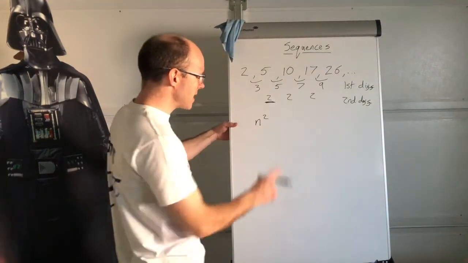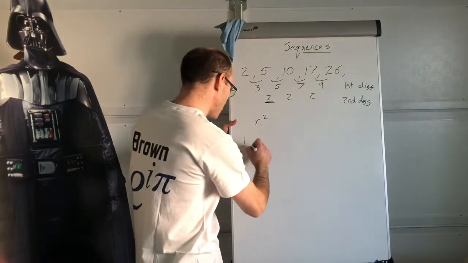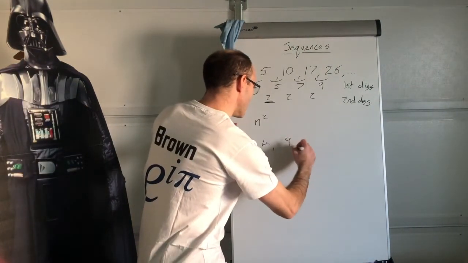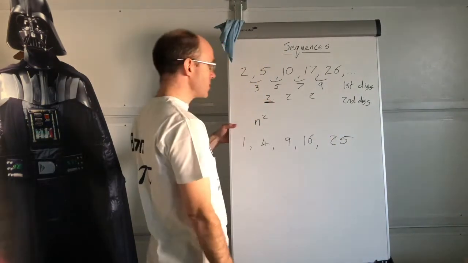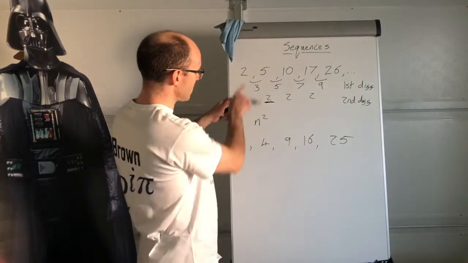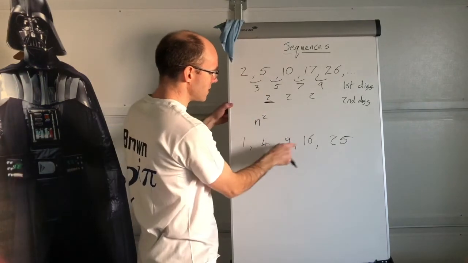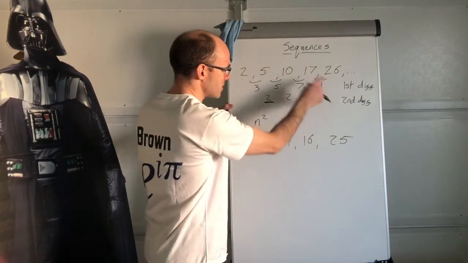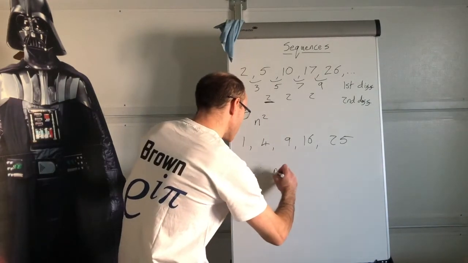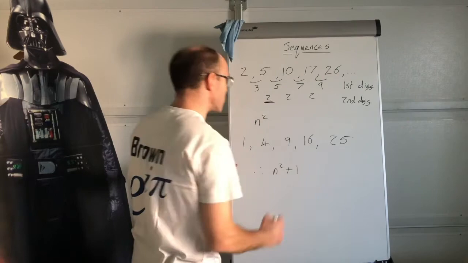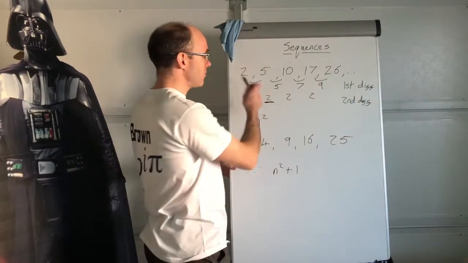Now if you write down the squared numbers, 1, 4, 9, 16, 25, and compare that with the original sequence, you see 1, then 2, 4, then 5, 9, then 10, 16, 17. We add on 1 to each of those, don't we? So that makes us conclude that n squared plus 1 is the nth term for this sequence.